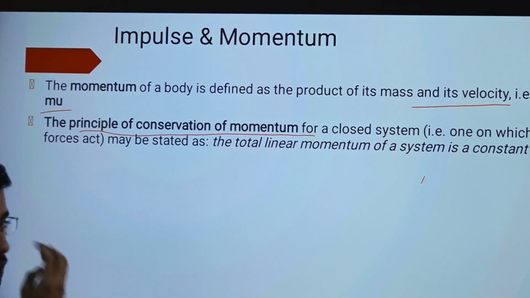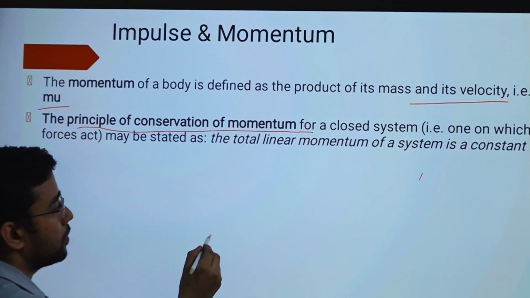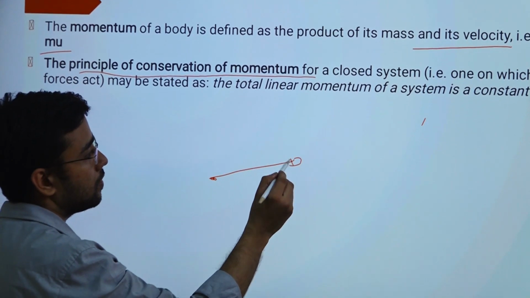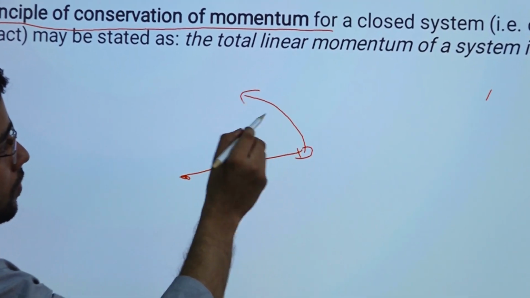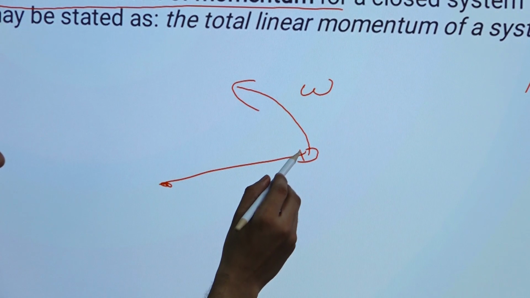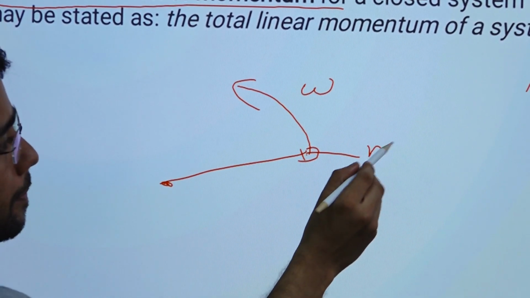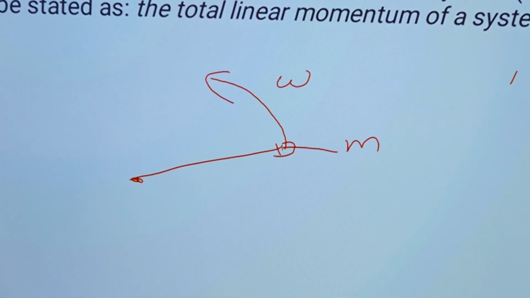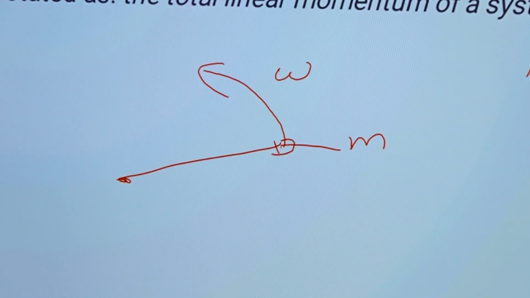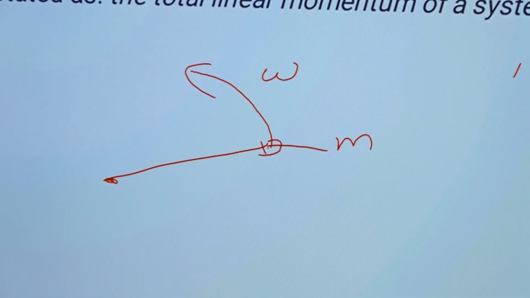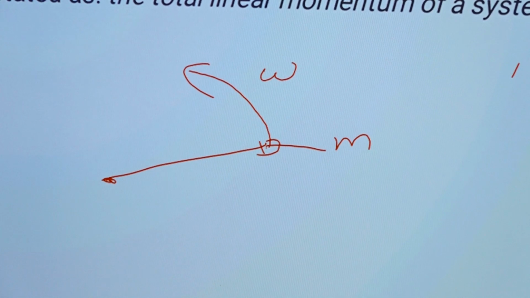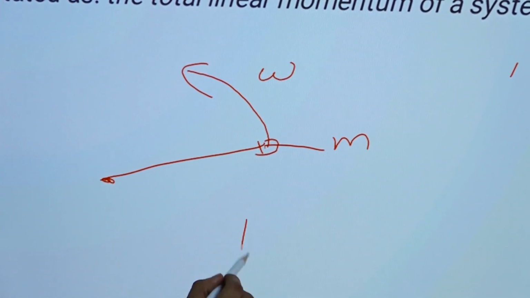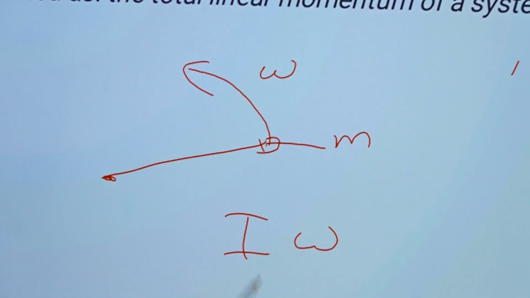The same thing will apply for a rotating body also. Suppose a particle is rotating with angular velocity omega and this particle has mass m. The angular momentum of this particle will remain constant. And how do we define angular momentum? That will be I into omega, where I is the mass moment of inertia.